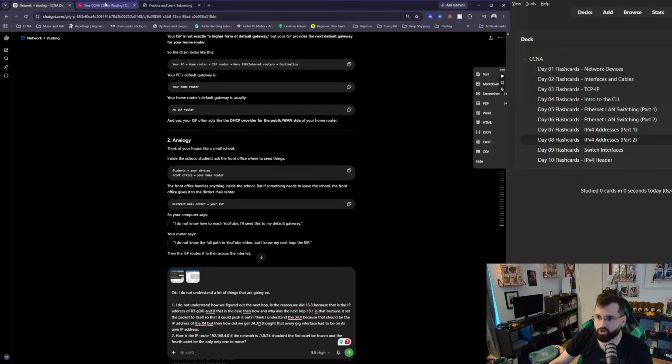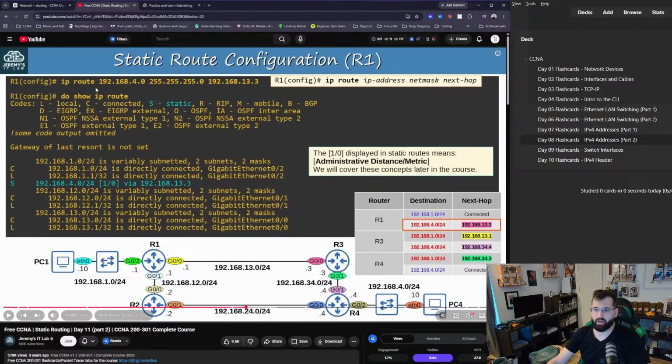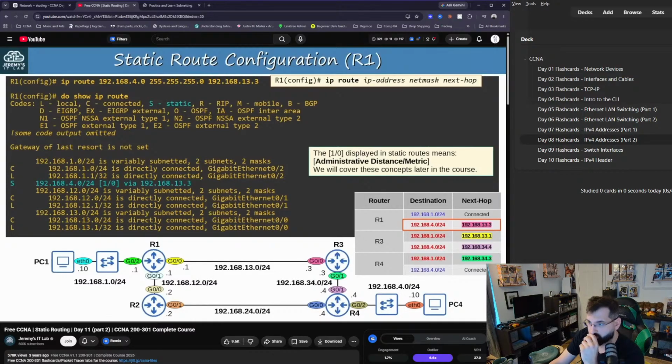Yeah, because shouldn't the IP route be, well, okay, so, and its next hop is R3.